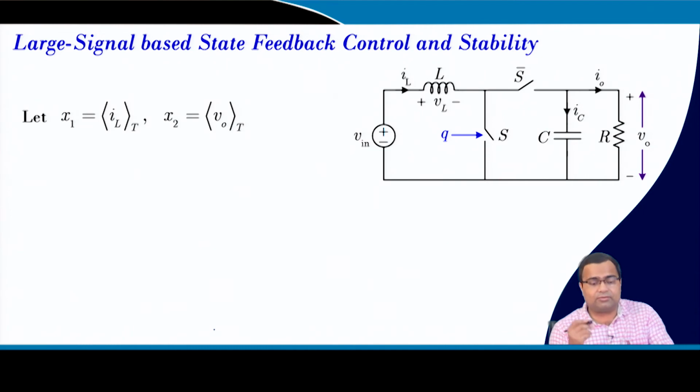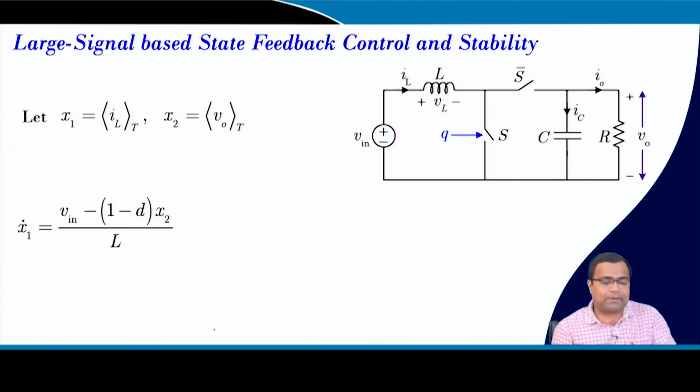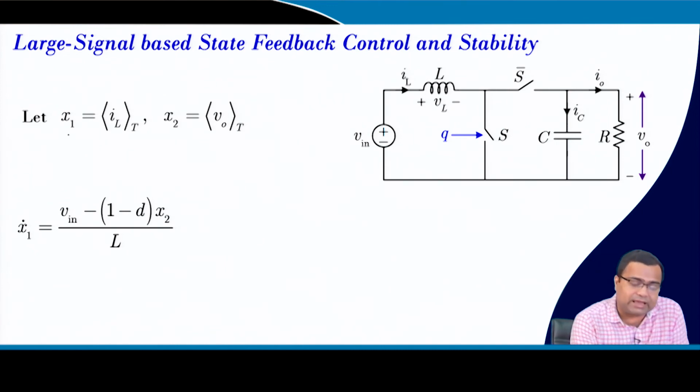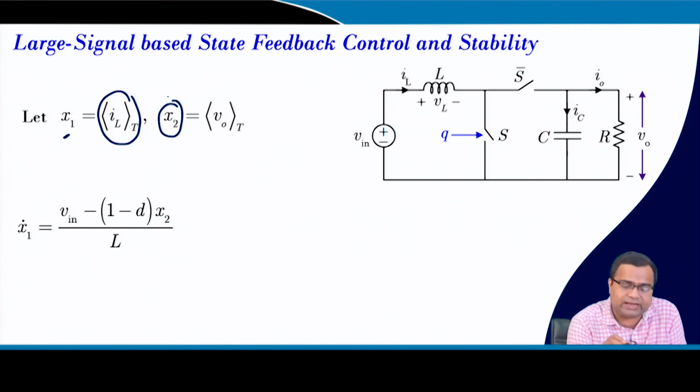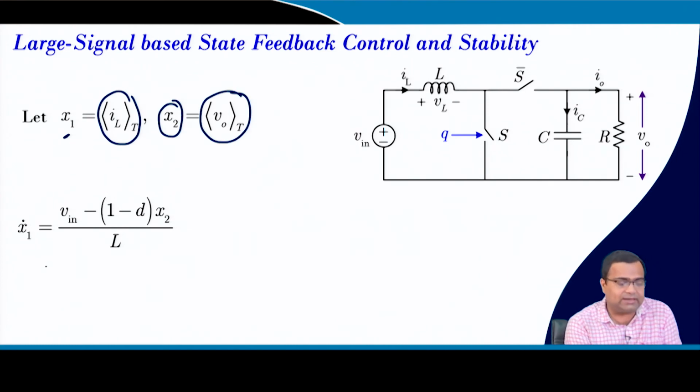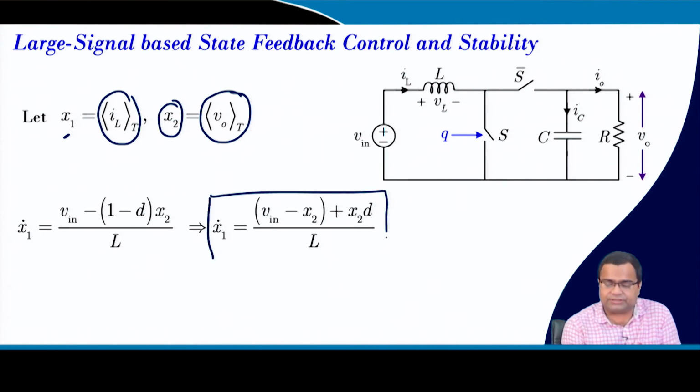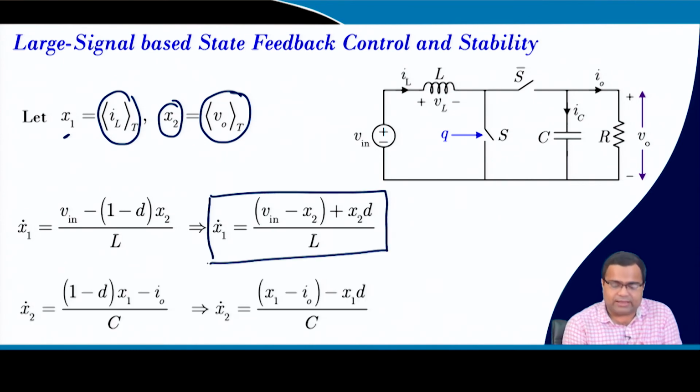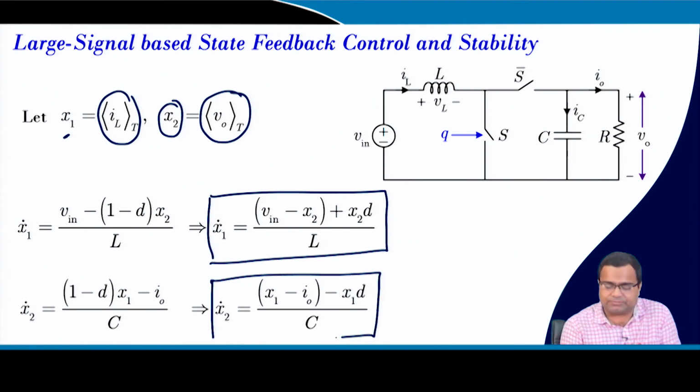So, again we can rewrite the equation, and suppose the x1 state is the average inductor current and the x2 state is the average output voltage. Then we know the average dynamics, x1 dot is this, and x2 dot also, this part we know. So, we are not spending time on this.